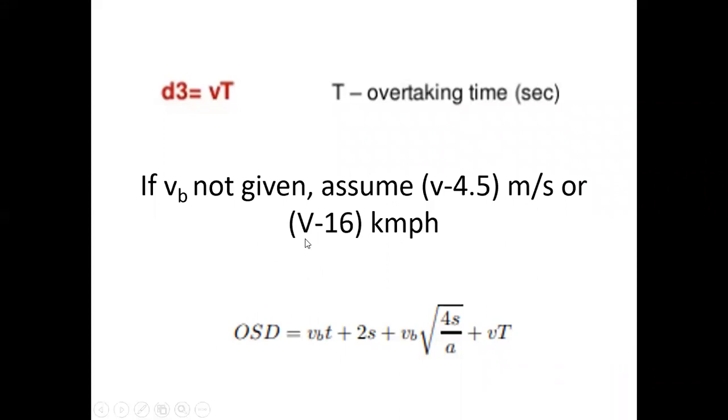Accordingly, you can convert here and substitute. Got it? So that's what is meant here. Suppose the speed of vehicle B is not given, you have to subtract from the design speed. Accordingly, if it is in kilometer per hour, minus 16. If it is in meter per second, minus 4.5. It's very, very important. Clear?